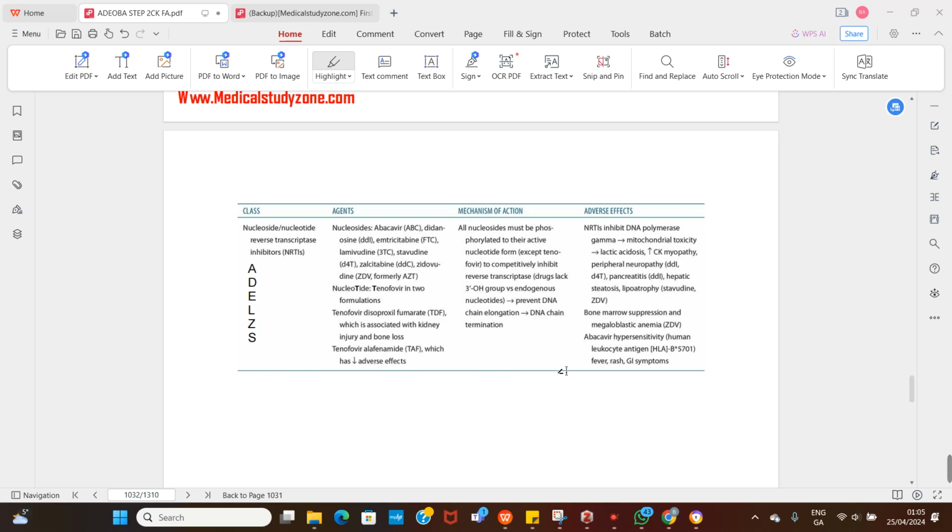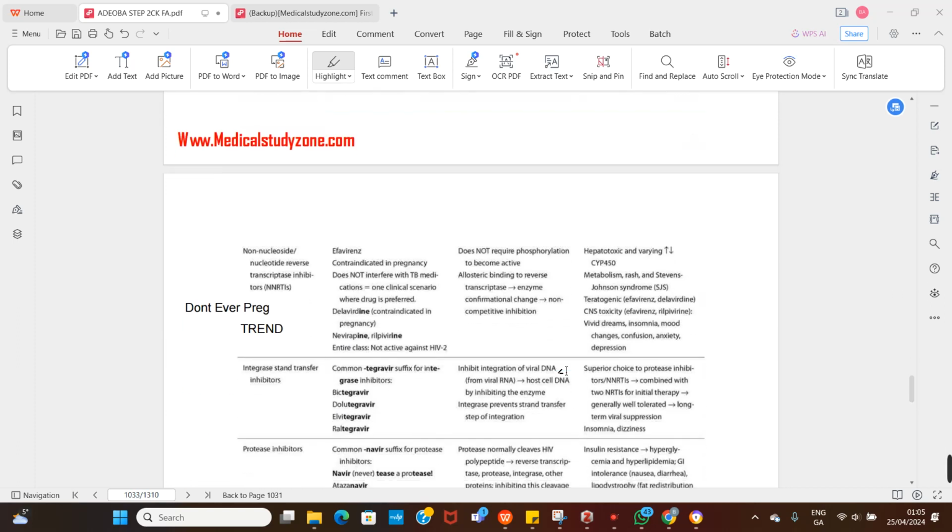So if you discover that somebody has this, you might be careful to give them abacavir because it might cause abacavir hypersensitivity, which will present as rash, fever, abdominal pain, diarrhea, vomiting, and the like. So once you see rash, think about hypersensitivity, allergic: fever, rash, abdominal pain, diarrhea, wheezing, abacavir hypersensitivity.